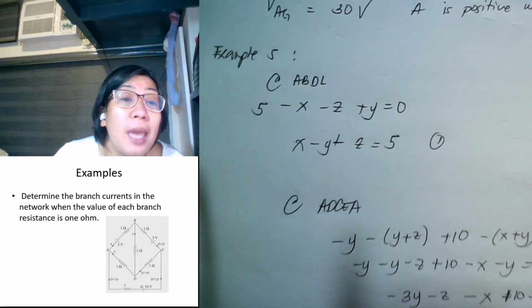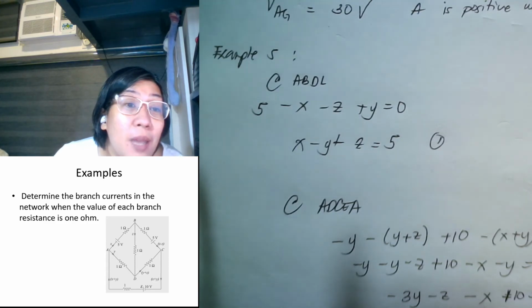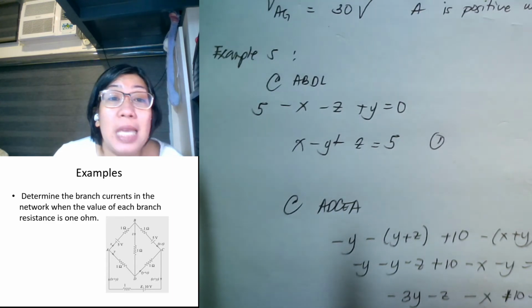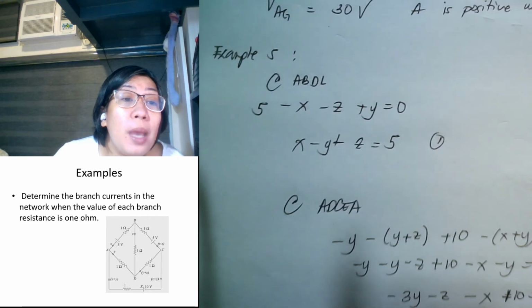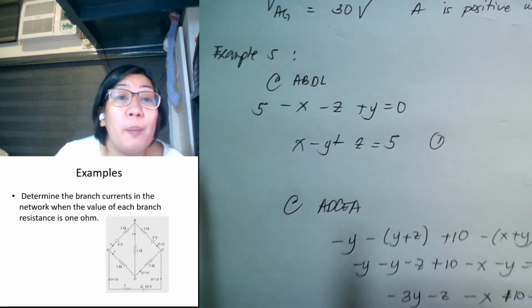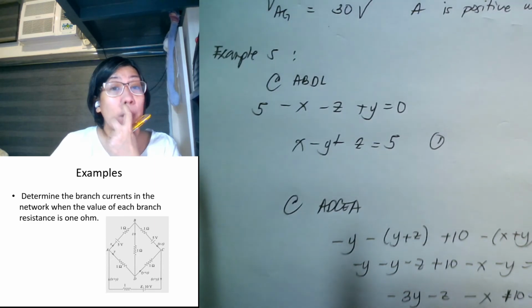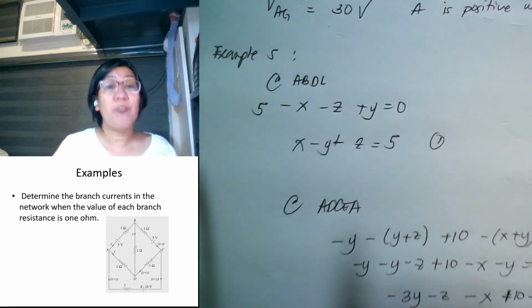So minus X. Okay. So Z here, it will enter here, minus here. So minus Z. Okay. And then your Y here, positive, negative. So we will leave at positive Y. It will enter here. So you have here plus Y. So X minus Y plus Z is equal to 5.